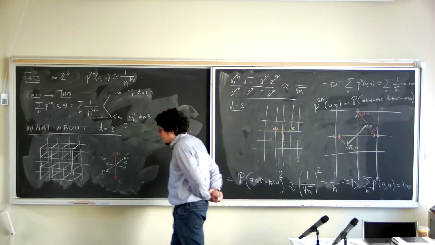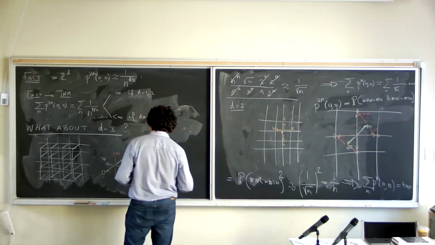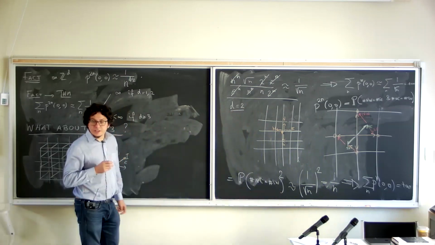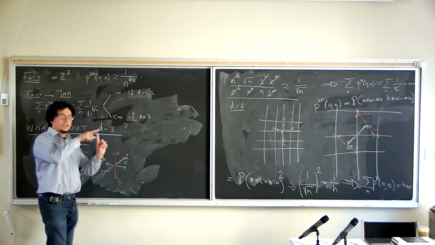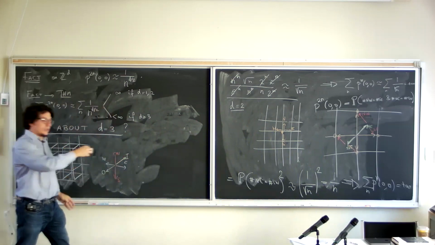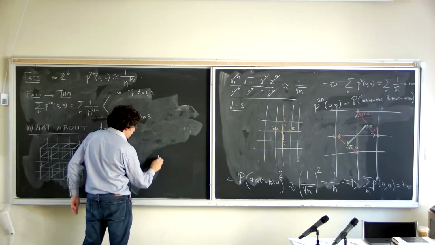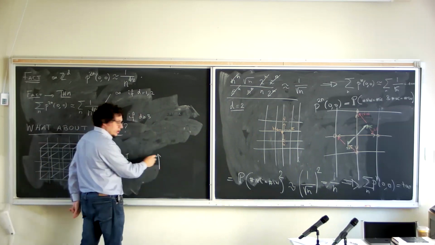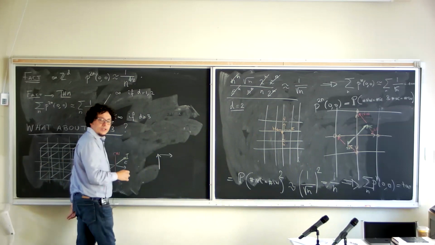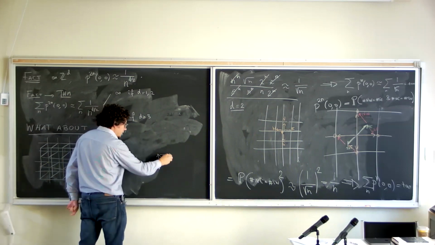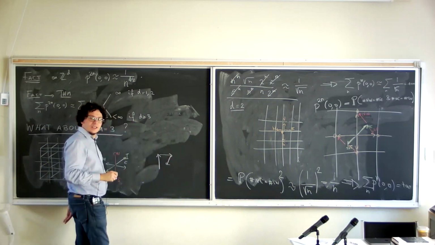Yeah, that's more or less the fact. Suppose I do three walks: one is up or down, one is left or right, and the other one is in or out.